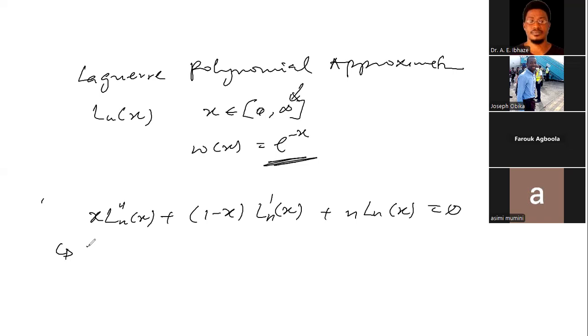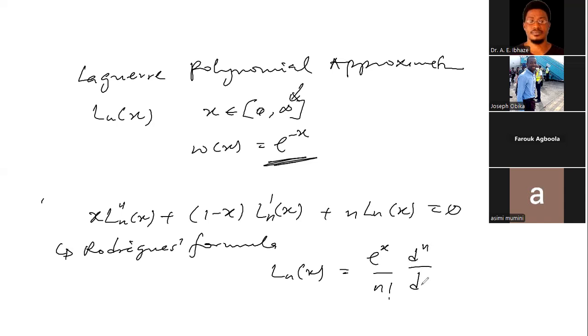So using the Rodrigues formula, we have that the Laguerre polynomials are given as e to the x over n factorial, times the n-th derivative with respect to x of x to the n, e to the minus x, okay?